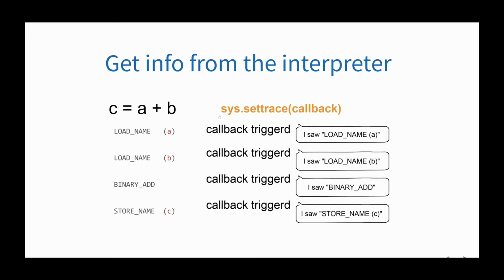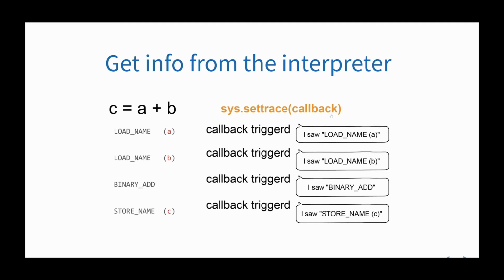So we know what this bytecode does, and how do we use them for debugging? To do that, we use an API called setTrace. What it does is basically you give setTrace a callback, and you can let the callback be triggered every time a bytecode is executed. So here, since there are 4 bytecodes, the callback will be triggered 4 times.